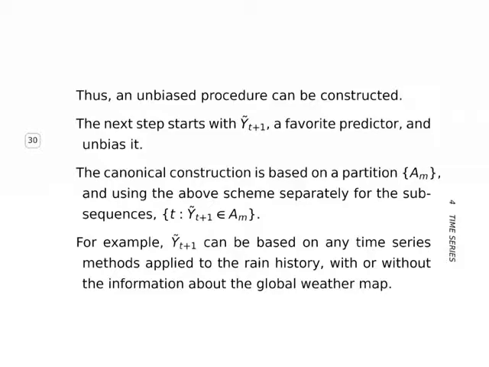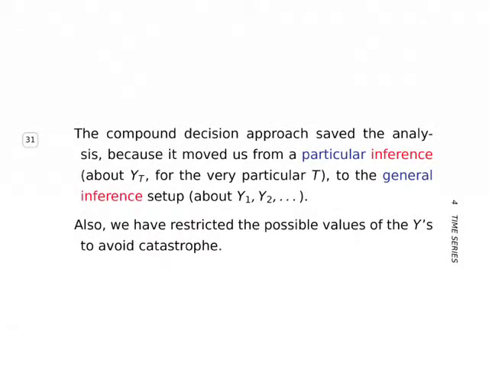So this is a standard compound decision approach. Basically, I moved from a decision to a compound decision approach. That is, I don't measure y hat t plus 1 with respect to itself, but with respect to a large set, capital T sets of predictors.